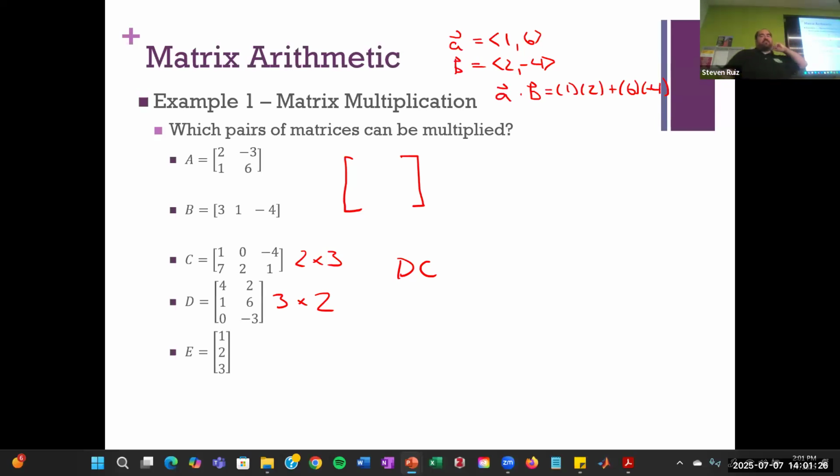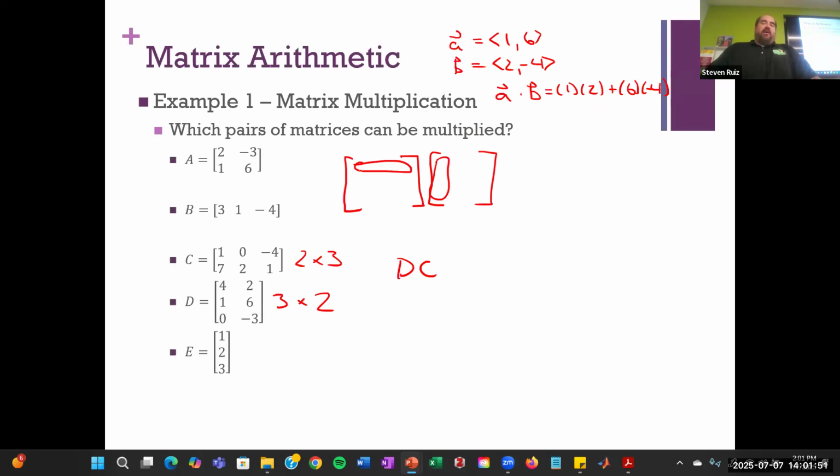That is the identical process you do with a matrix, except that vectors are simpler. They're one-dimensional, right? You can think about them having one row or one column and then just a bunch of stuff in it. Matrices are two-dimensional. So the way that matrix multiplication works is I multiply a row by a column.